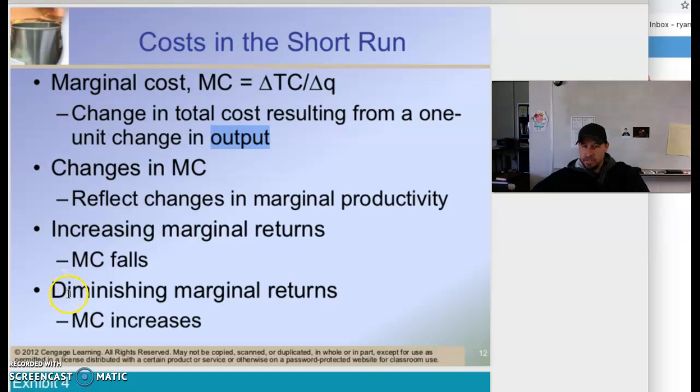And at some point, we know that we're going to see diminishing marginal returns set in, and then our marginal costs will start to increase, and we'll start having that up slope. So marginal costs, and I know you can't see it here, fall as we see increasing marginal returns, and then as we see diminishing marginal returns, marginal costs start moving up again.